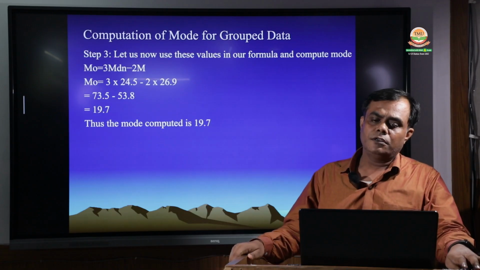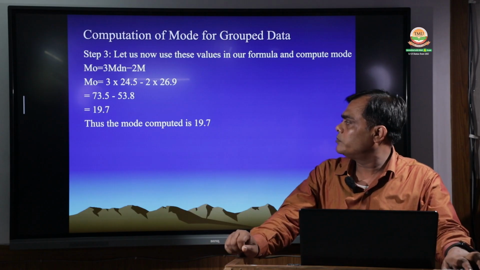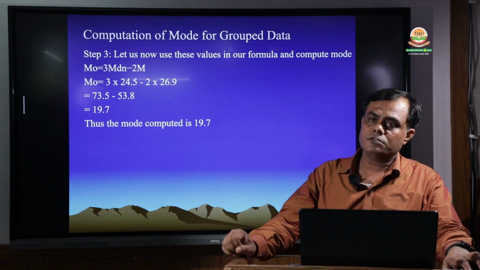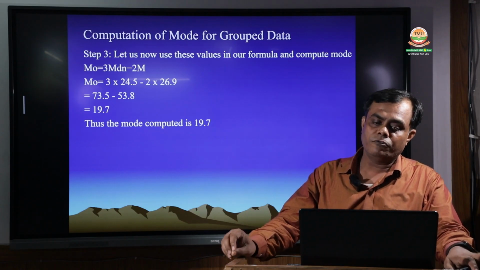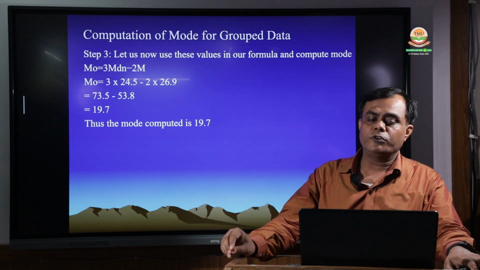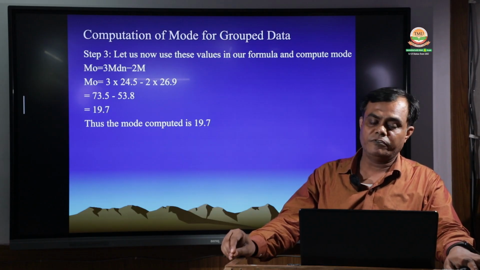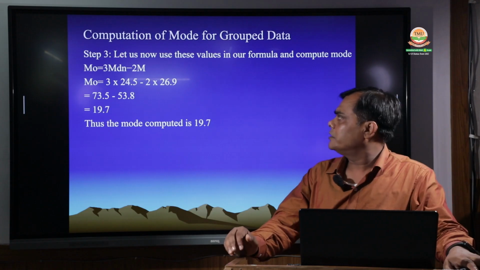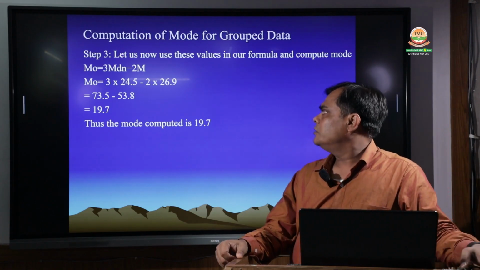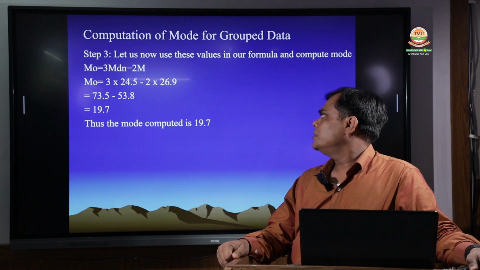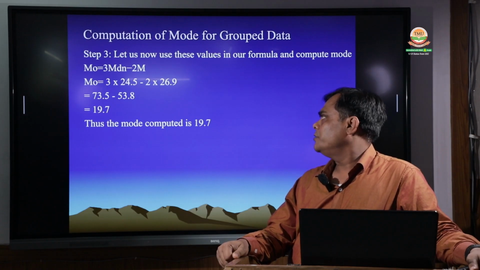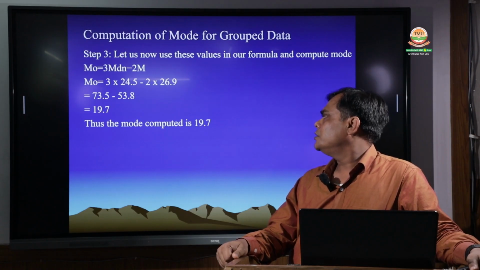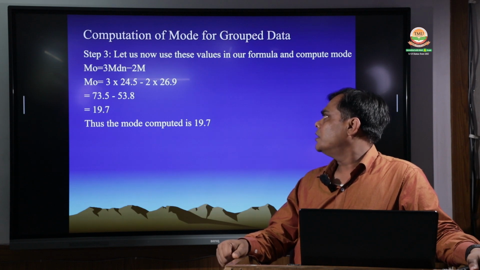As seen in this slide, the mode value is 19.7, and we are getting the mode value by putting in the median value and mean value. Again, the formula: mode equals 3 median minus 2 mean. So 3 multiplied by 24.5, the median value, and 2 multiplied by the mean value 26.9.